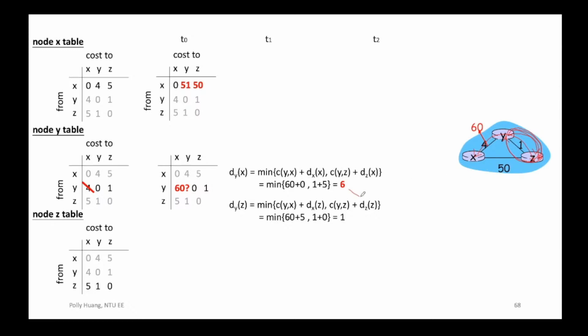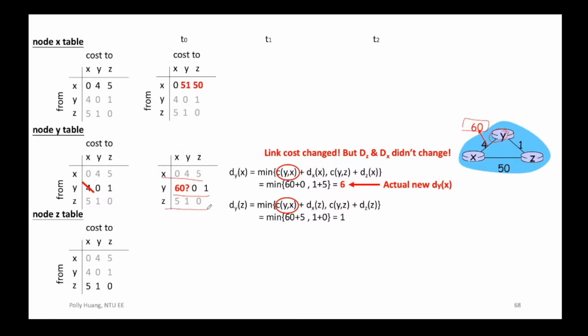So 6 here is the new dyx. It's not quite yet the true dyx. You see here, even though y is capable of detecting the link cost change right here, y's route calculation is still based on the old dx and old dz. Right at the link cost change, y has not yet received the new dz and new dx.